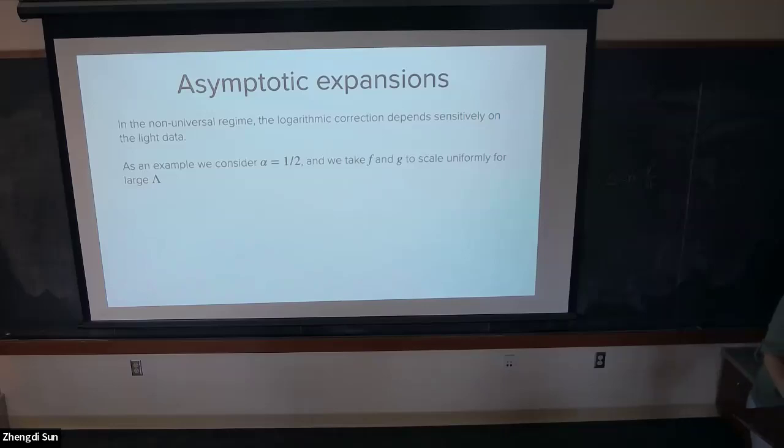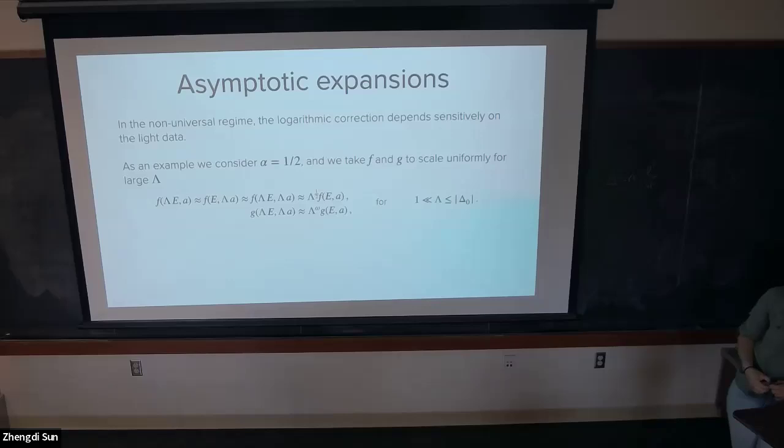This is an example that will come back throughout the talk. So what that means is that once I take the variables or the arguments of f large, again with this scaling parameter lambda, we will see a square root type behavior.